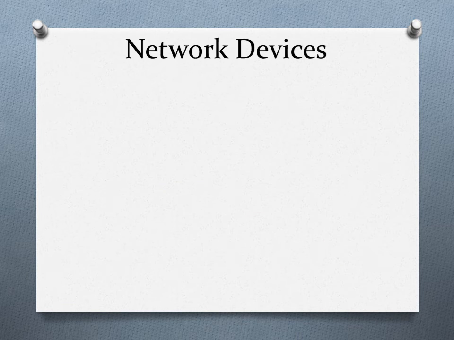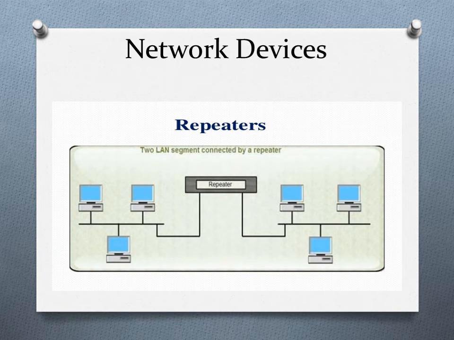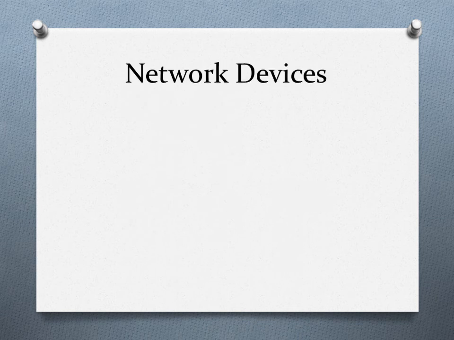Repeater. This is the hardware device or the network device which is used to amplify or regenerate the weak signals while they are transmitted over long distances. In simple words, we can say that repeater regenerates the received signals and retransmits it to the destination. Then is gateway.